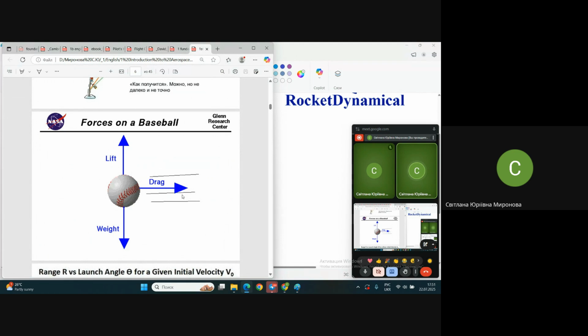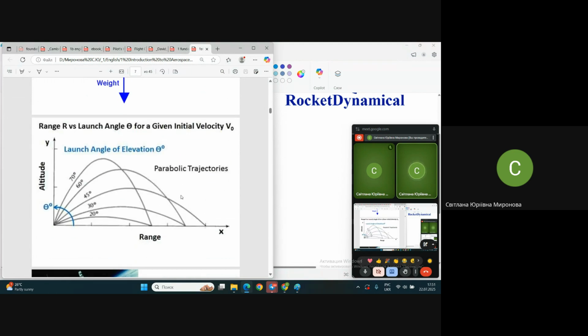Of course, it depends on the initial force, and second, when I say what flight depends on, I mean which parameters of this flight. Of course, the range of flight, the altitude, and the speed of flight either.